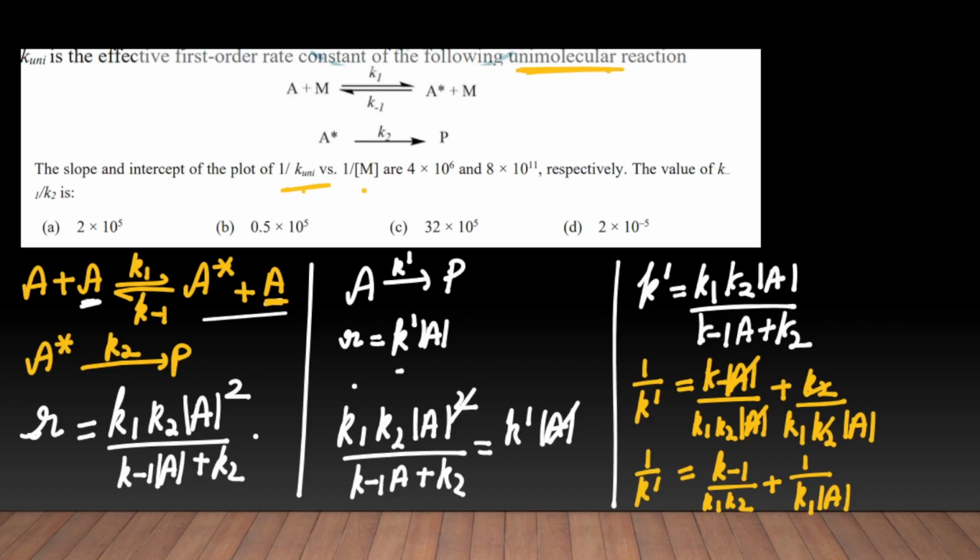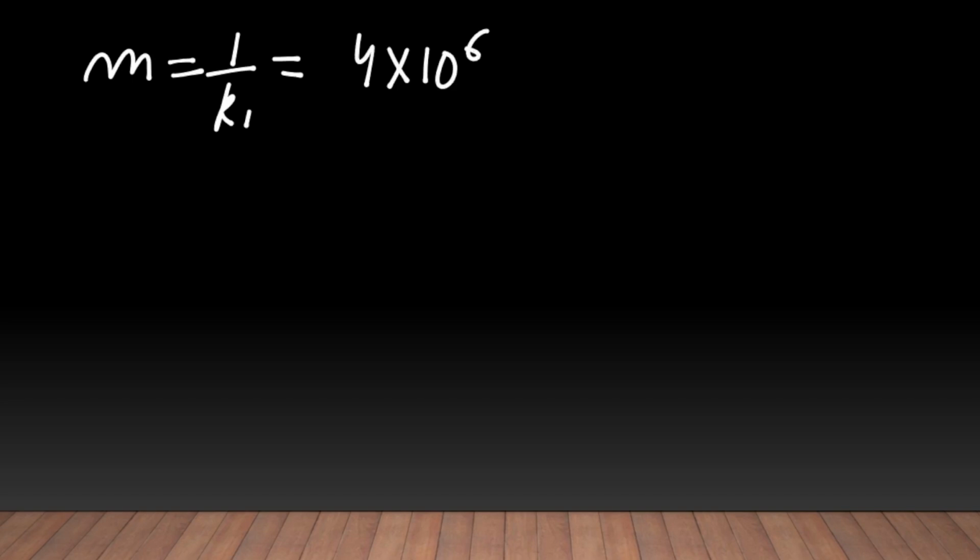Right. So from here, this plot is for y equal to mx plus c. The slope value we get is 1 by K1, and that is given to us as 4 into 10 raised to the power of 6.